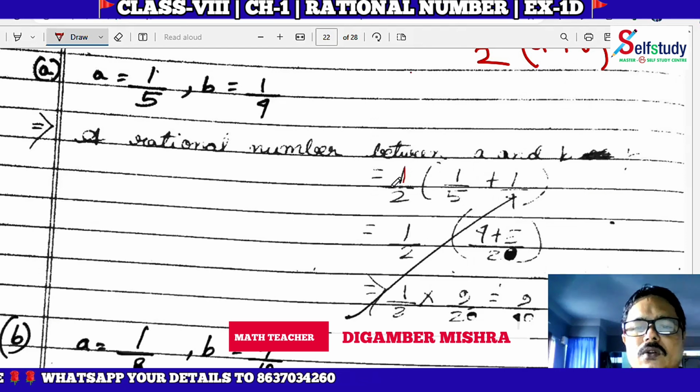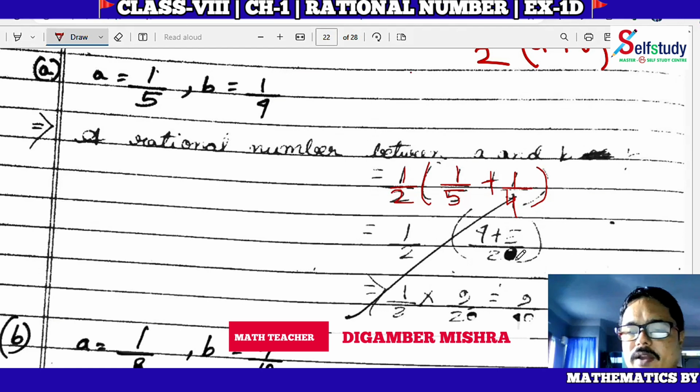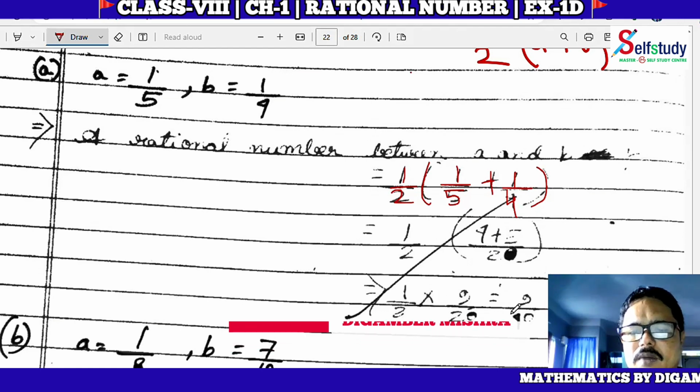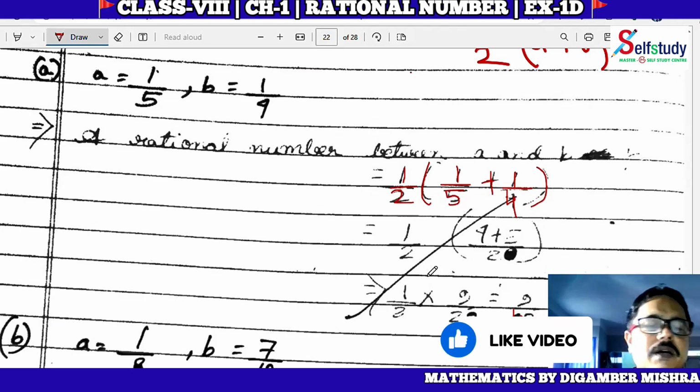So here it will be 1 upon 2 multiplied by 1 upon 5 plus 1 upon 4, right? Now we will simplify this using the BODMAS rule. This will be 4 plus 5, because the LCM of 5 and 4 is 20, and it's coming 9 upon 40, right? So 9 by 40 is the answer.